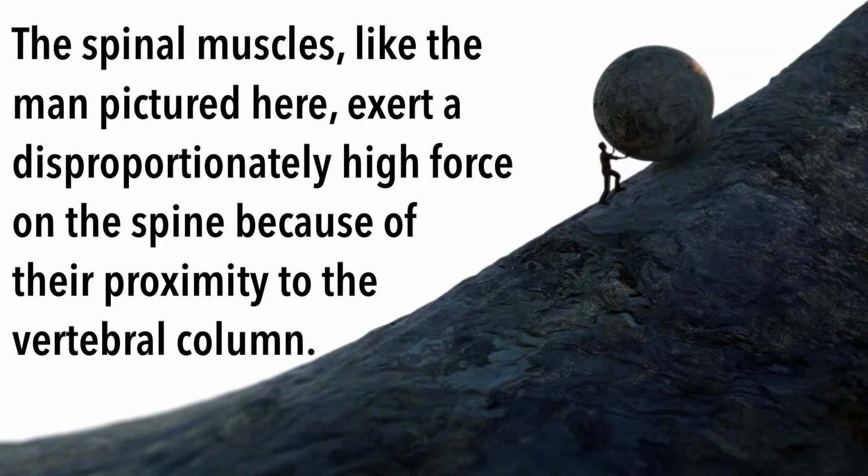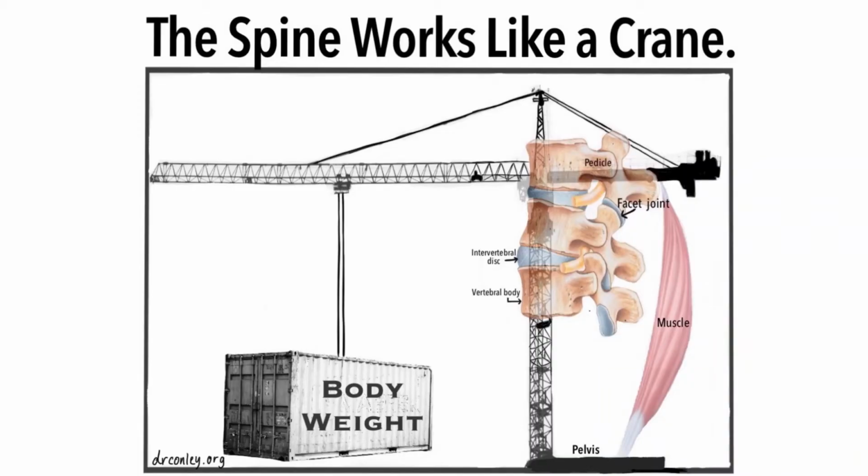Actually, most of the force on your vertebral column is generated by tension in contracting muscles that surround the spine. Because muscles are so close to the vertebral column, they are able to exert a large amount of force on it.